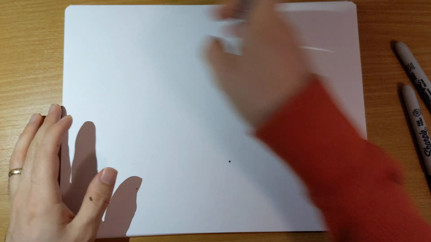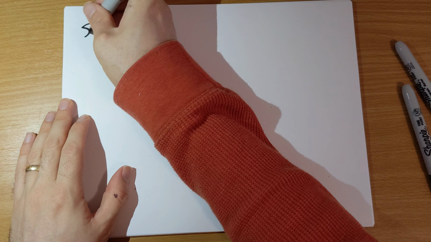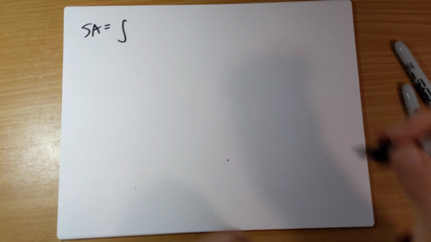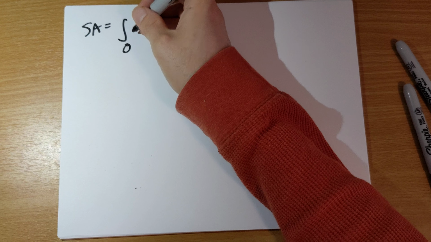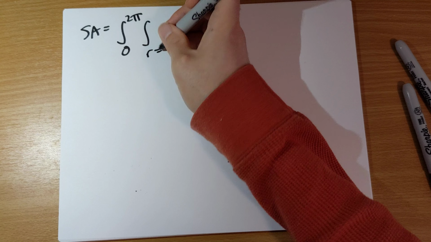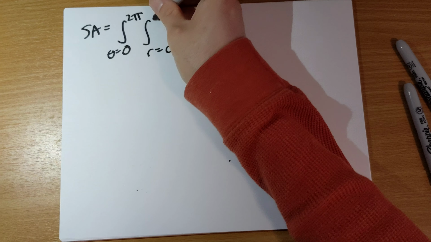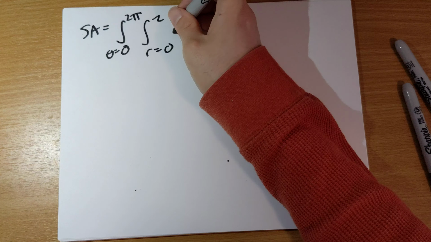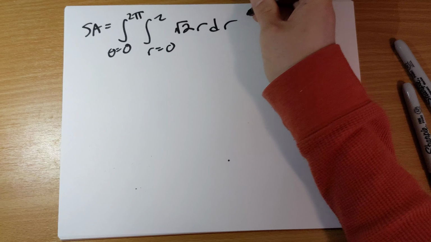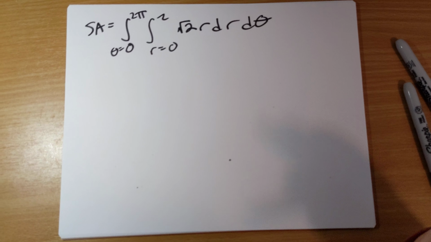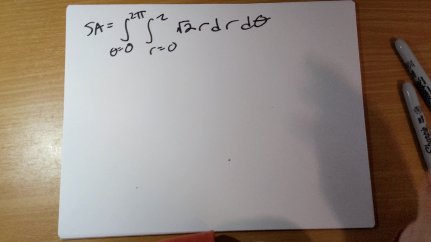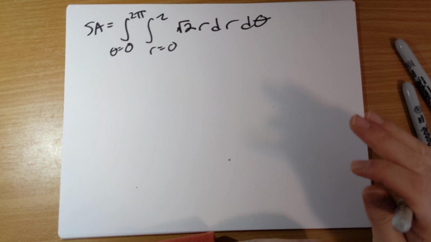And so we end up with, okay, theta runs from 0 to 2 pi, and r runs from 0 to 2, square root 2 r dr d theta. Note, this is not an example where we are converting from rectangular coordinates to polar coordinates.